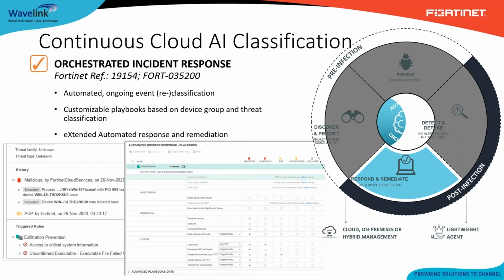And what happens there is all of that metadata is then analyzed further by our Fortinet cloud services, so that any potential false positives that may be generated by the EDR operating autonomously can then have a bigger picture look at and go, well, hold on a minute, yes, EDR itself on that endpoint was quite correct to say that that looked like a suspicious behavior. However, Fortinet cloud services, and for those of you that know, our FortiGuard is just one small part of what our Fortinet cloud services is.